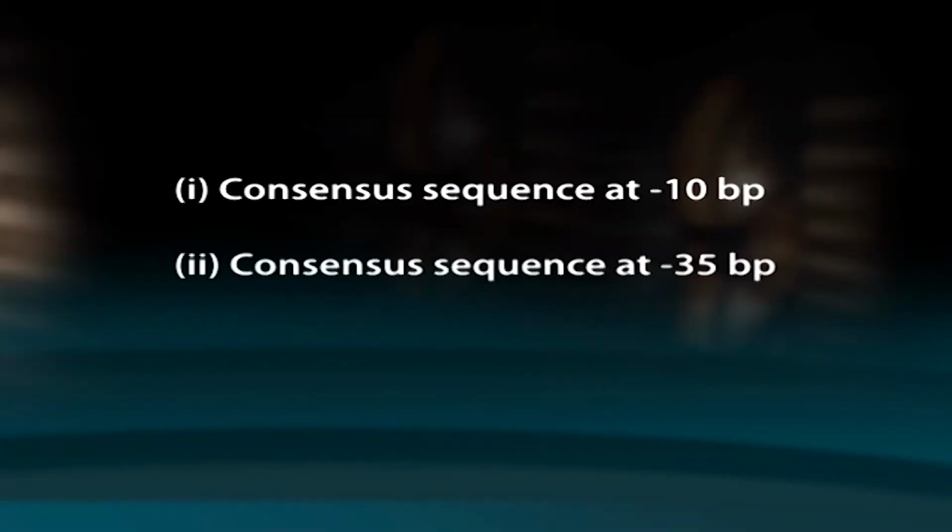It is obvious thus that a typical promoter in bacteria has 3 components: 1. Consensus sequence at -10 base pair, 2. Consensus sequence at -35 base pair, and 3. Start point.